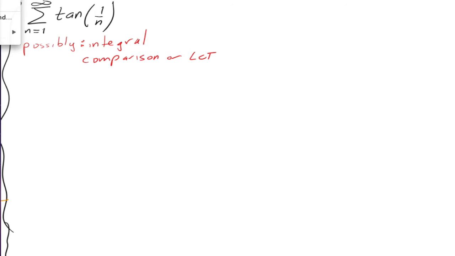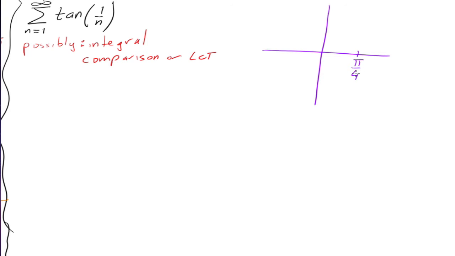Integral test. So maybe a little mini picture would help. So this is tangent of 1 over n, and n is going to infinity, right? So it starts off, what does the argument of tangent start off as? The first value is tangent of 1.